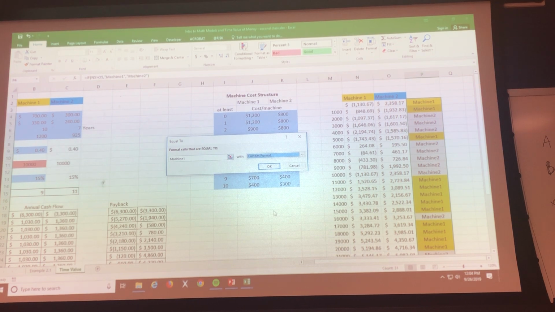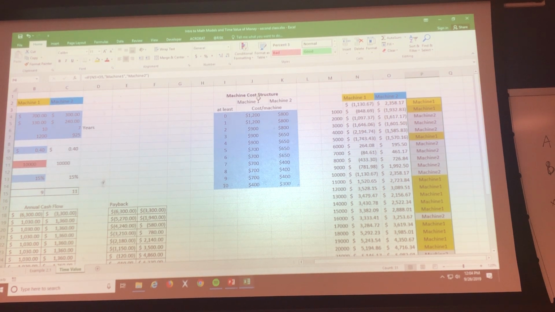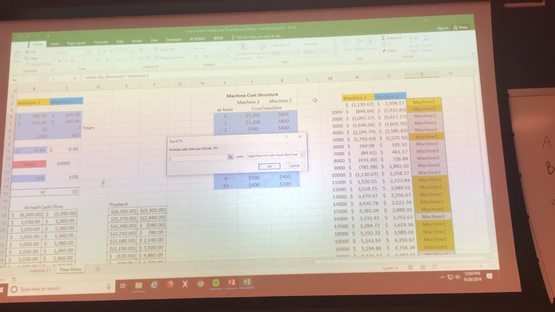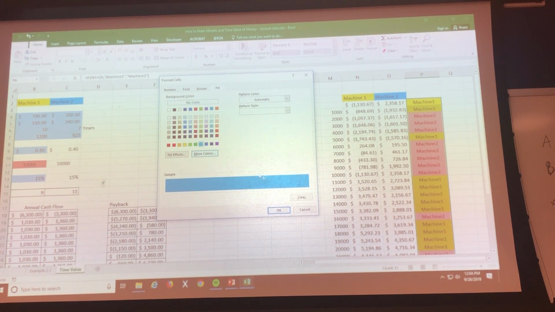I'm gonna make them yellow, that was the heading I used. Then I'm gonna put a second conditional format on those same cells where I highlight them if they equal machine 2. Gotta spell it right. And this time I'm gonna make them that sort of turquoisey weird blue.